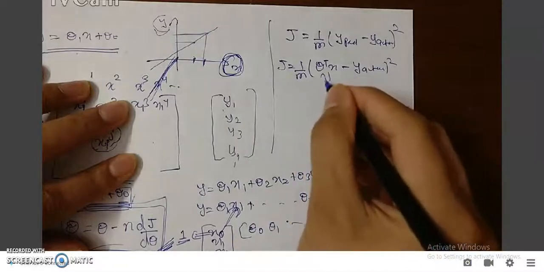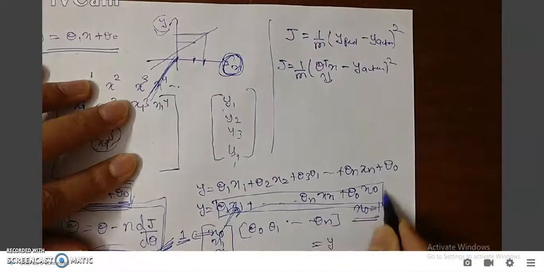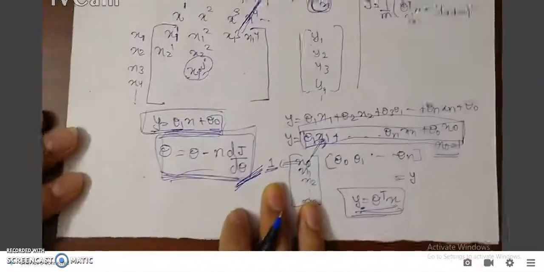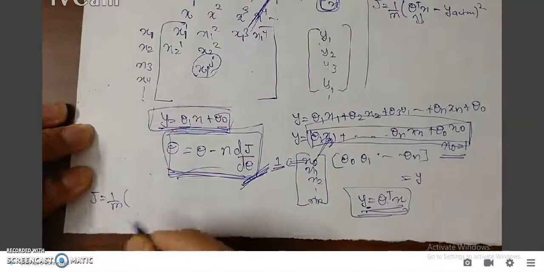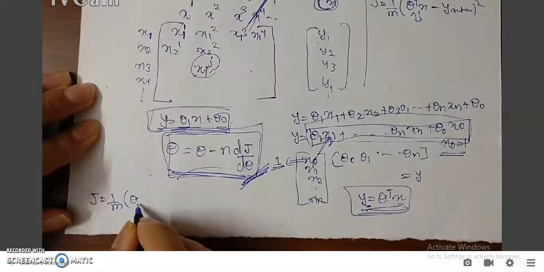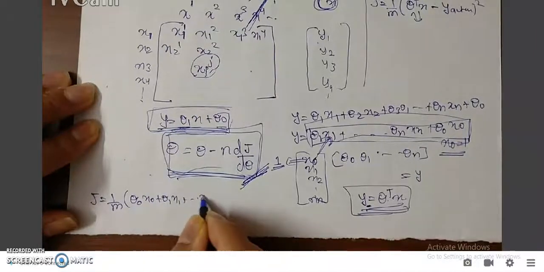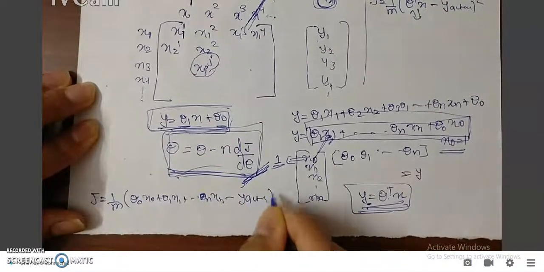And this theta transpose x can be rewritten like this, right? Now the loss function will be 1 by m (theta naught x naught plus theta 1 x1 till theta n xn minus y actual) to the square.